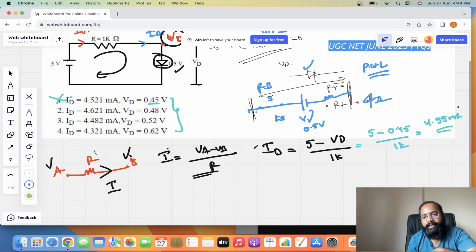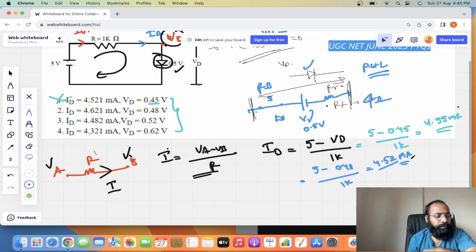Okay, let's take the second option. What is the VD? 0.48. So (5 minus 0.48) divided by 1K. Then how much will you get? 4.52 divided by 1K means 4.52 milliamperes. Correct or not? That means if VD is equal to 0.48, then ID is equal to 4.52 milliamperes, which is absolutely wrong.